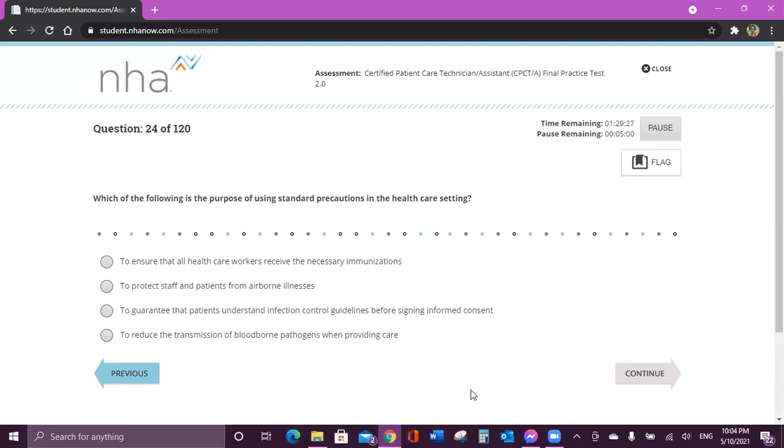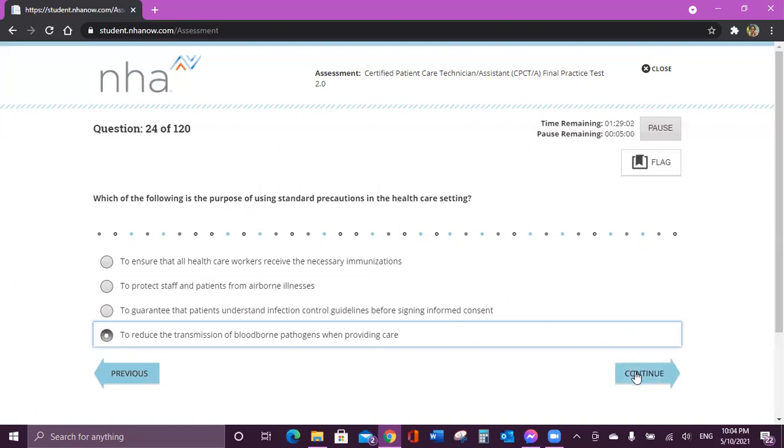To help the patient understand infection control guidelines before signing informed consent. To reduce the transmission of bloodborne pathogens when providing care. La D.